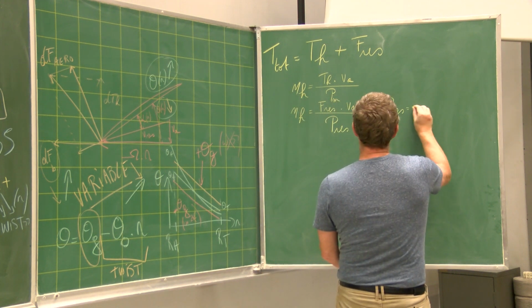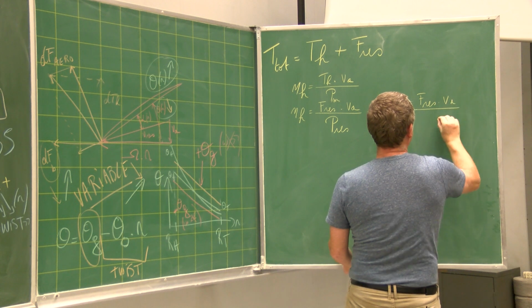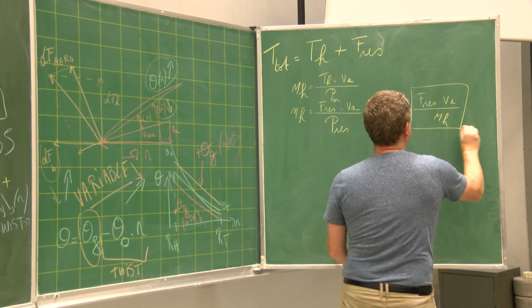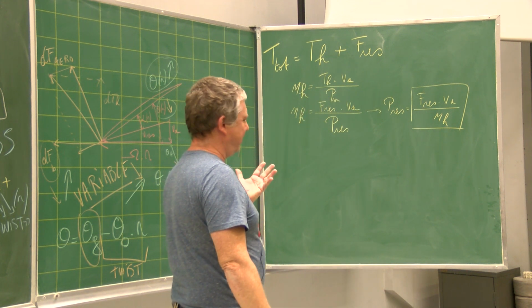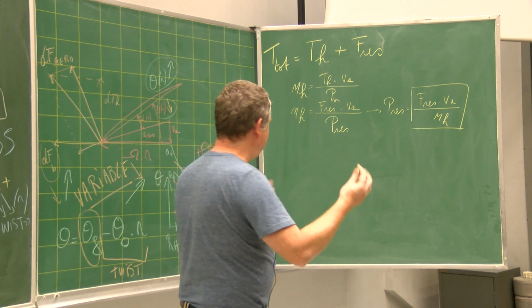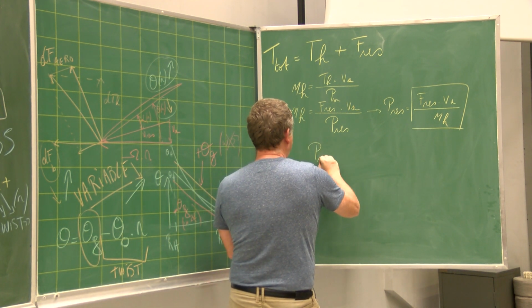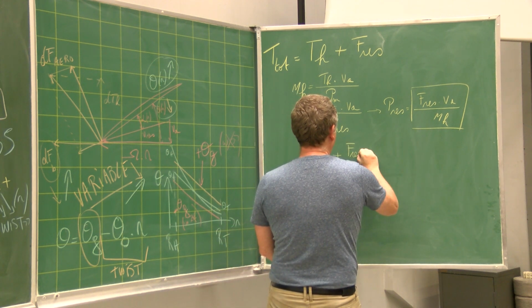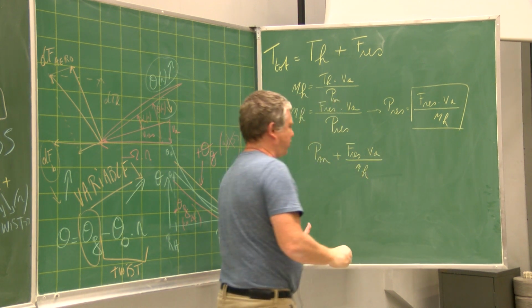And that would be equal to, very easily, F residual multiplied by VA divided by eta h. And so you see that you can also write this engine in this way: as PM plus this F residual multiplied by VA divided by eta h.